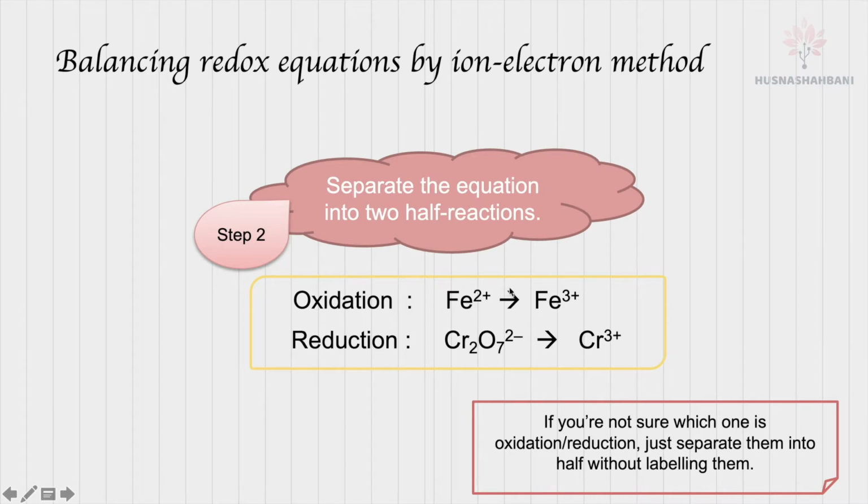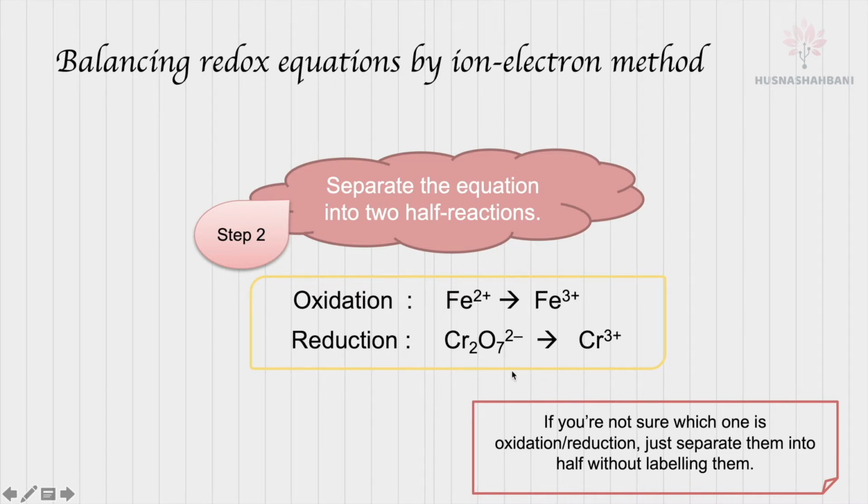We know that it is an oxidation process because the oxidation number increases. But here, 2 minus becomes 3 plus. This oxidation number looks like it increases as well. So which one is the oxidation process? It looks like both are oxidation processes because both oxidation numbers increase.